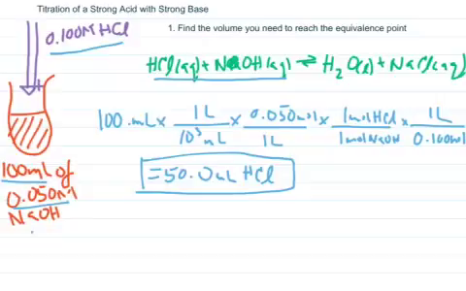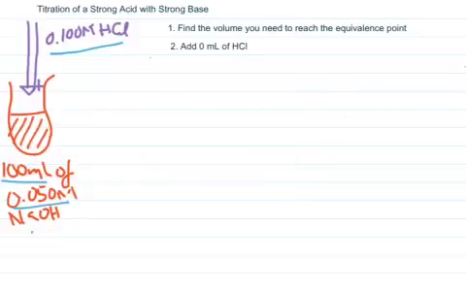So I need 50.0 milliliters of hydrochloric acid to get to my equivalence point. So let's go stepwise. If I add 0 milliliters of HCl, what is going on? Well, the first thing I want to know is what's in the flask. I'm just going to have sodium hydroxide, aqueous. That means it's in water.